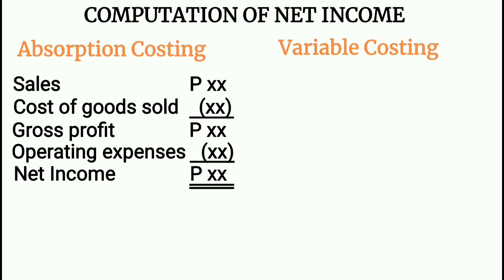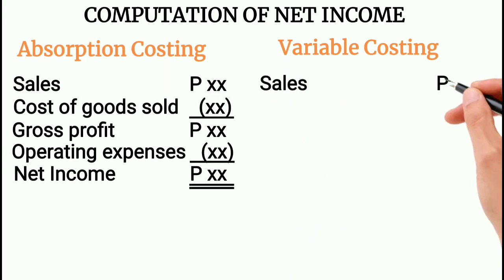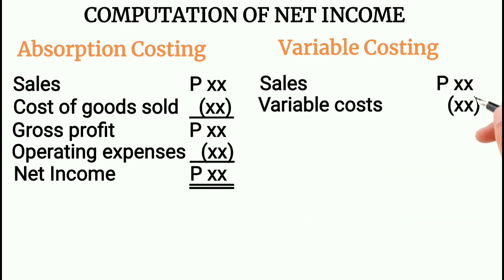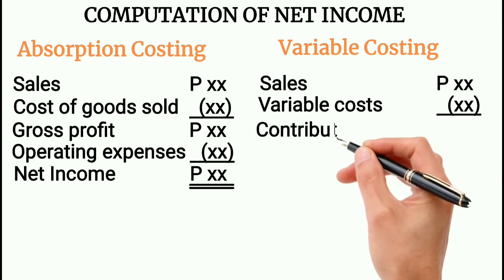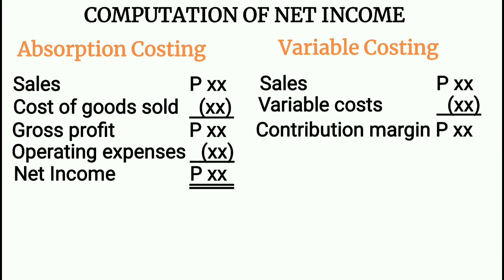Under the variable costing, of course, mag-i-start pa rin sa sales minus variable cost. Sales minus variable cost, that is equal to contribution margin. Take note, sa variable cost, nandito na yung variable cost of goods sold at variable selling and administrative expenses.